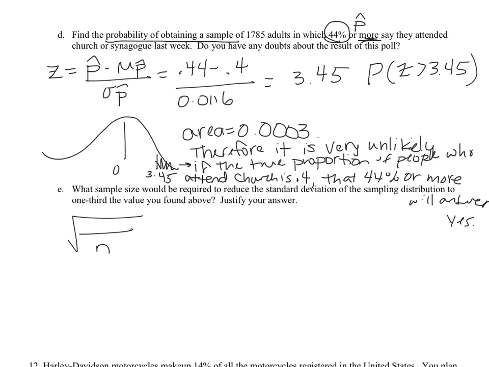So how do you get 3 from a radical? It would have to be 9 times bigger, because the square root of 9 is 3. So we take 9 times 1,785 equals 16,065. So you're always looking for this number, and then you square it and multiply it by the sample size.